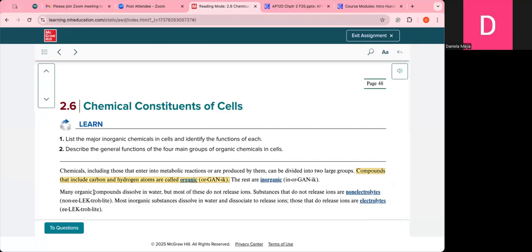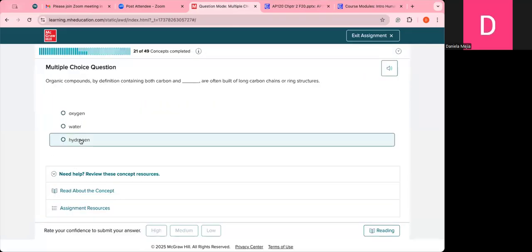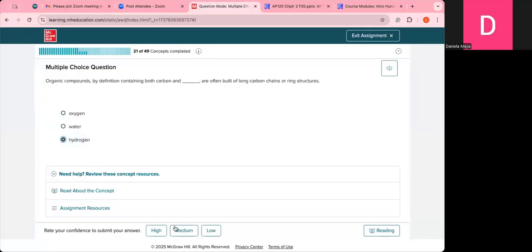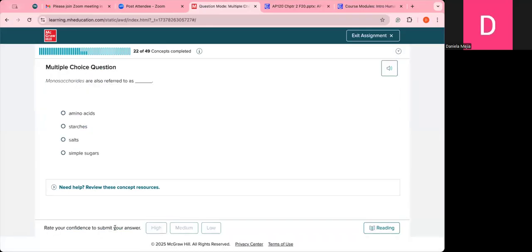Compounds that include carbon and hydrogen atoms are called organic compounds. Carbon and hydrogen are organic compounds. Hydrogen, good.